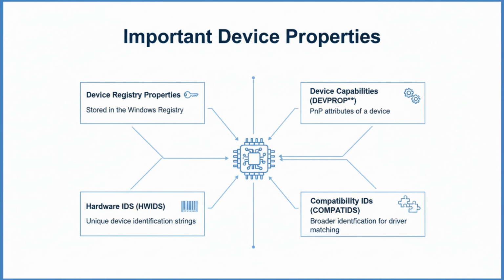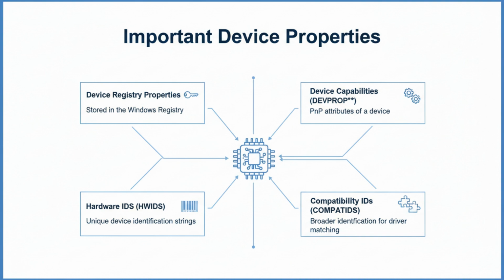When analyzing a device, several key properties provide critical insights. Device registry properties are stored within the Windows registry and contain a wealth of configuration and PnP-specific data for each device instance. Device capabilities, DEVPROP, are PnP attributes that describe what a device can do, such as whether it's removable or has unique hardware IDs.